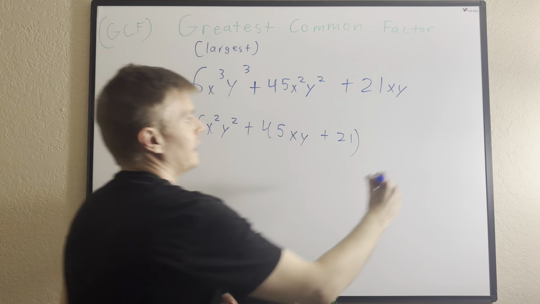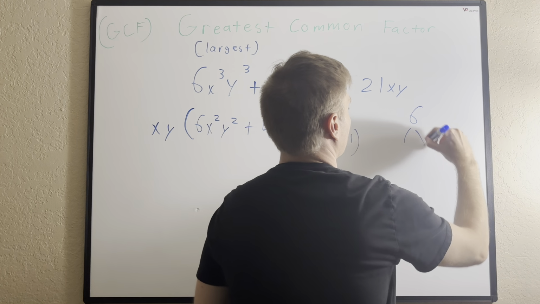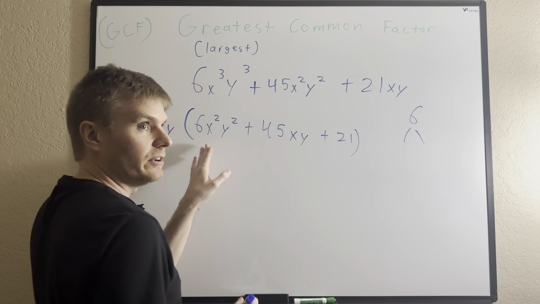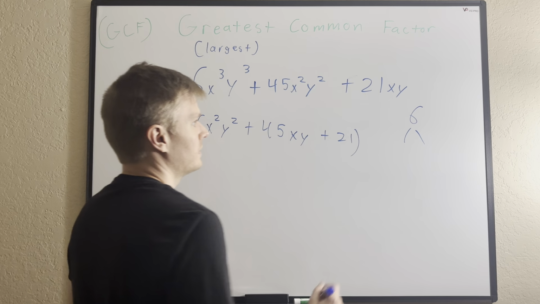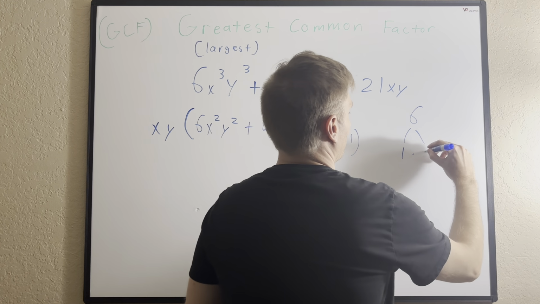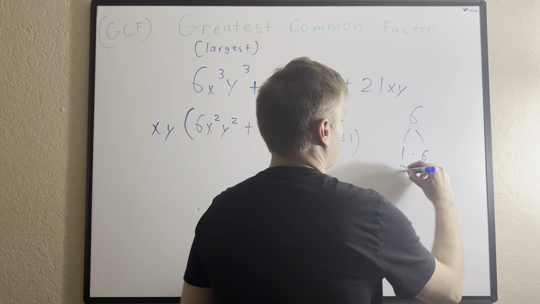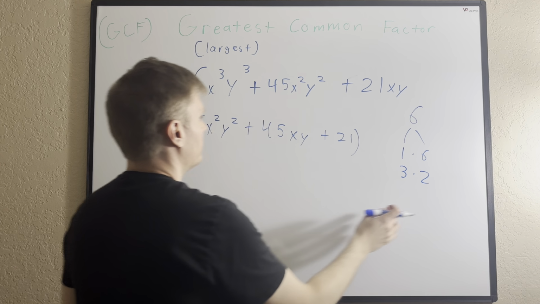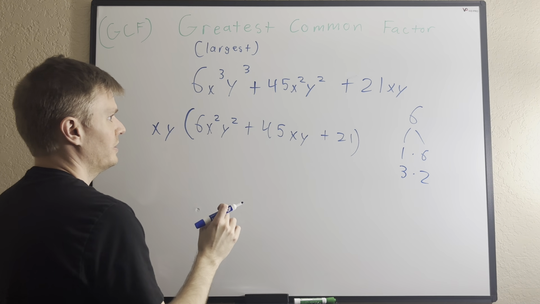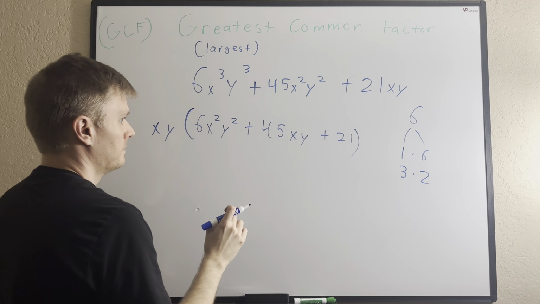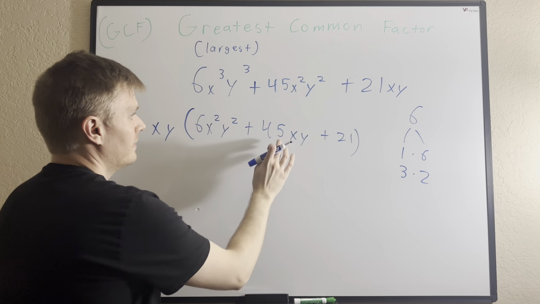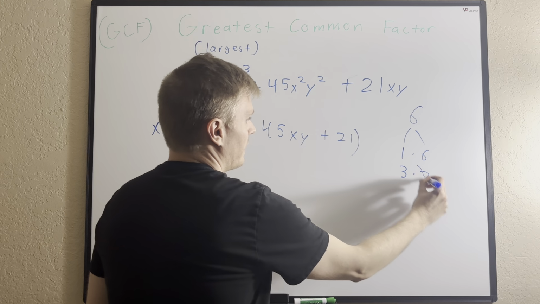But okay, what are the factors of 6 then? Well, just still focused on that smallest of all the numbers. Well, we just went over 1 times 6. That didn't work out for us. What about 3 times 2? That's much more interesting. I mean, those are our only options. These are not even numbers, so 2 is out.